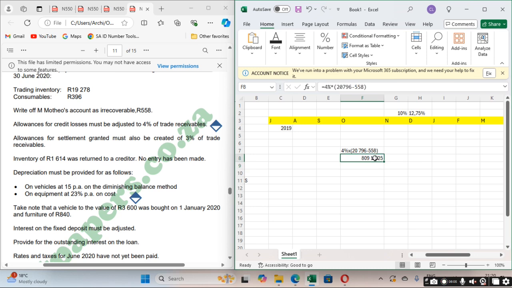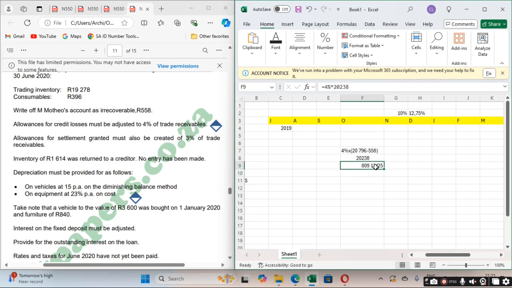What? It can't be this much. Let me redo this just to confirm. 20796 minus 558 equals 20238. Then 4% multiplied by 20238, enter.